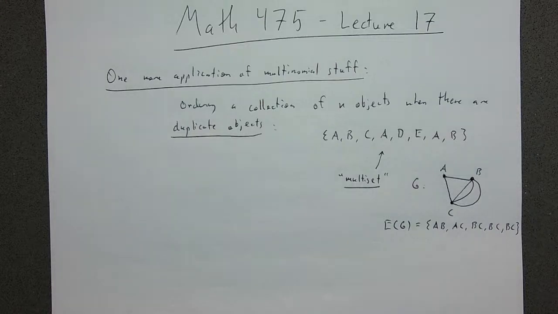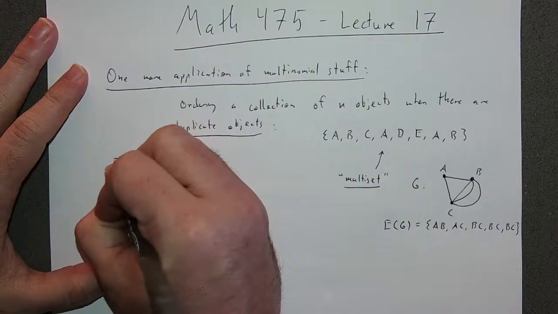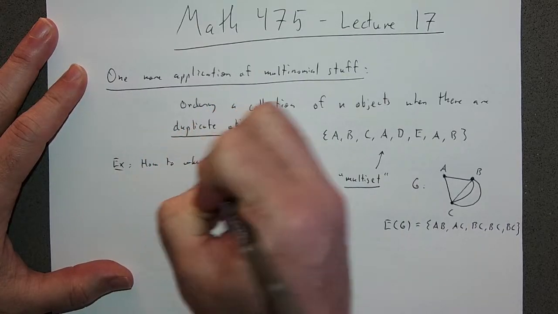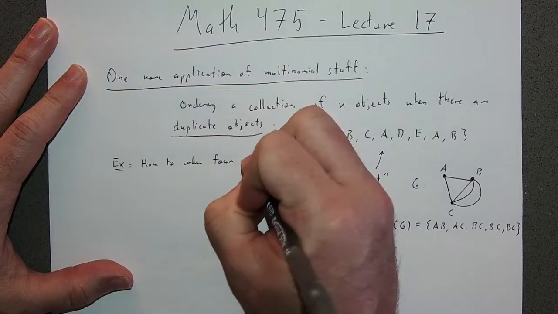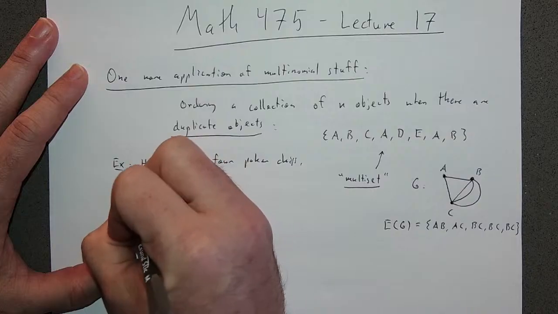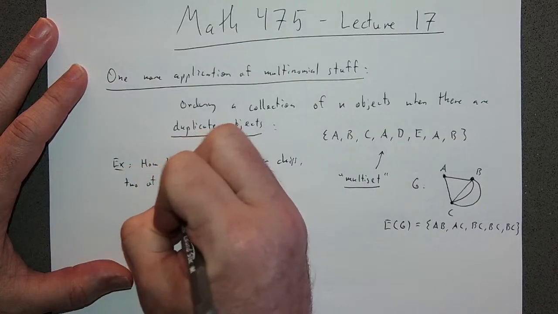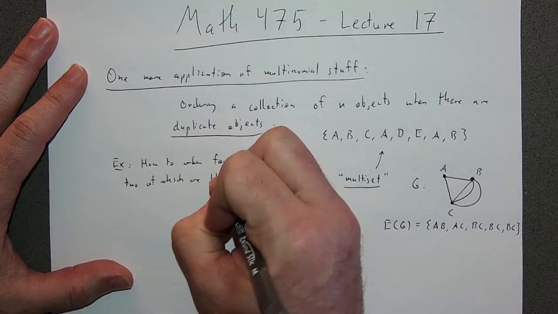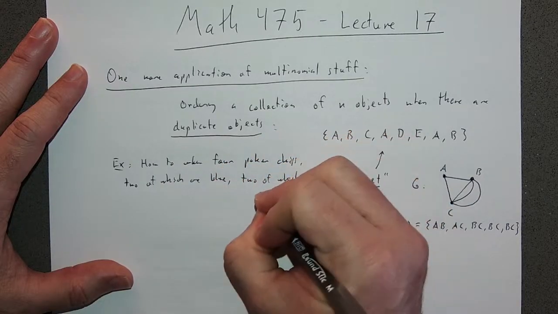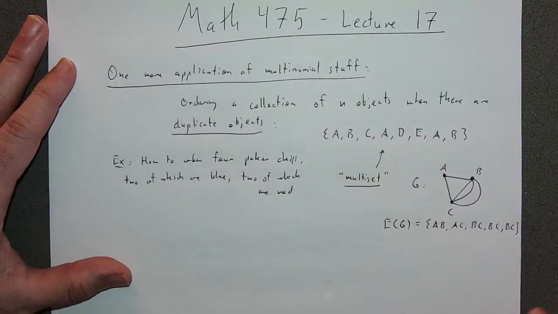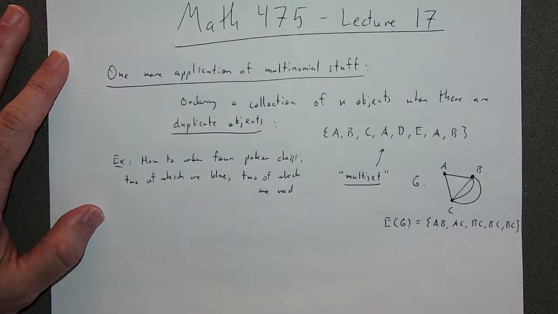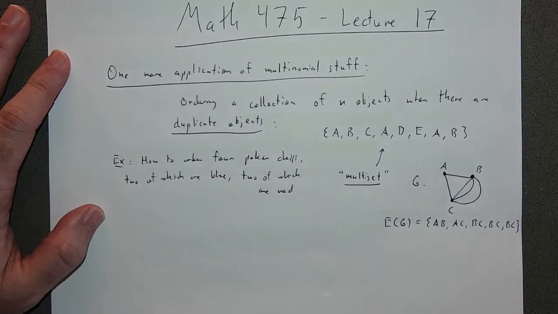Like for instance, how to order 4 poker chips, 2 of which are blue and 2 of which are red. So you have 2 colors here. There are 4 poker chips. 2 of them are blue, 2 are red. So how many orderings do I get?